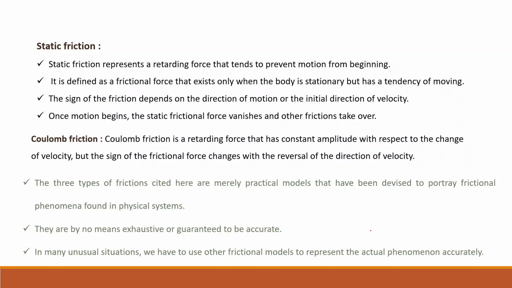And the sign of the friction will be the direction of the motion, or the initial direction of the velocity. And the other friction, that is the Coulomb friction, is a constant kind of friction, and it is basically a retarding force that has a constant amplitude with respect to the change of velocity.